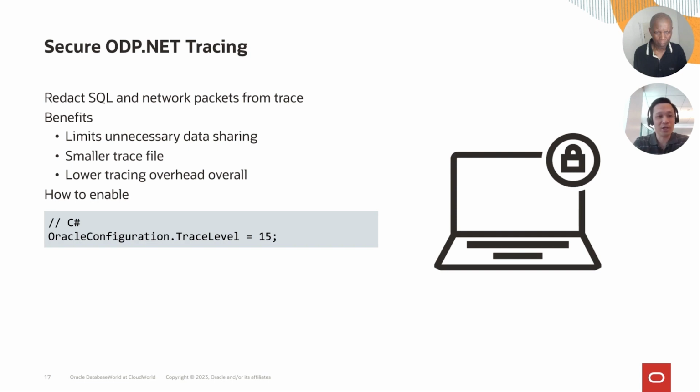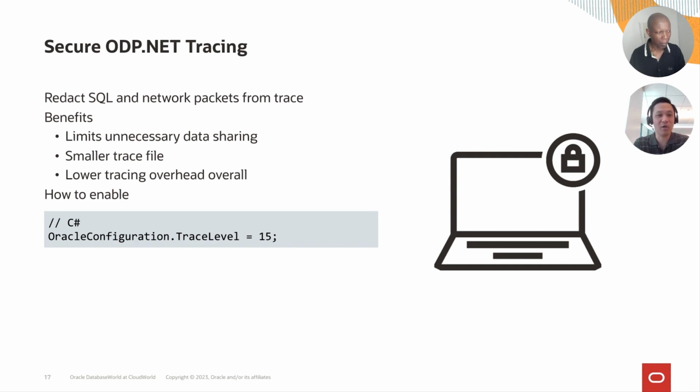And in terms of securing your trace file, if there are operations you don't want captured in it, because it is writing to a text file, things like the SQL that's being written or the network data that's being transported back and forth with the server, you can limit that trace.